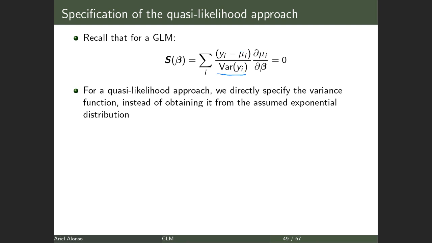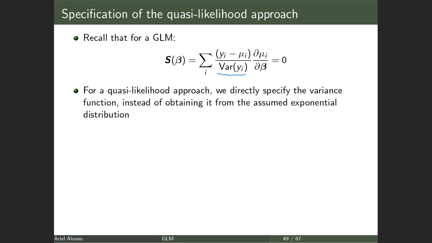You have your model, and the exponential family tells you this is the mean and this is the variance. Well, what you do in quasi-likelihood is you specify these two things apart. You specify a mean and you specify a variance function, and this combination may not come from the exponential family. This combination that you have chosen may be incompatible with the exponential family, but that's fine.